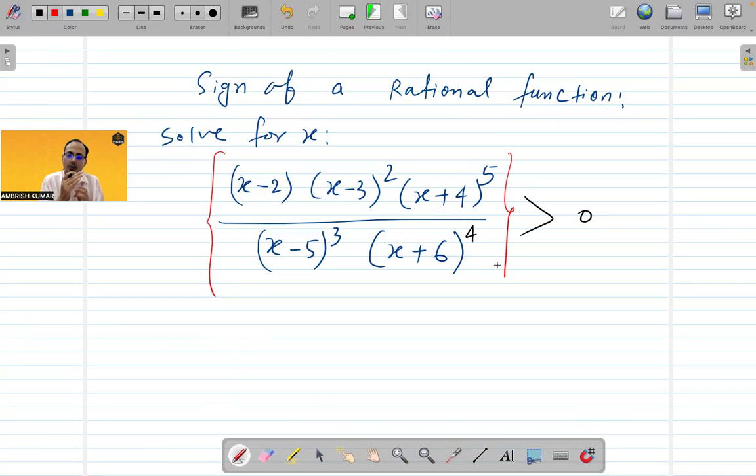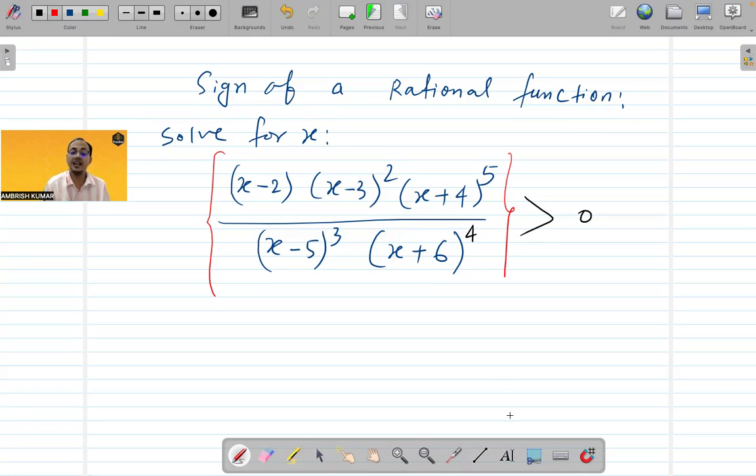Now, for some value of x, you might get a positive answer when you put it in this expression, and for some value of x, you might get a negative answer. So I just want to know what are those values of x for which we would get the positive answer for this particular function, and what are those values of x for which we would get the negative values, and both we can decide in one go.